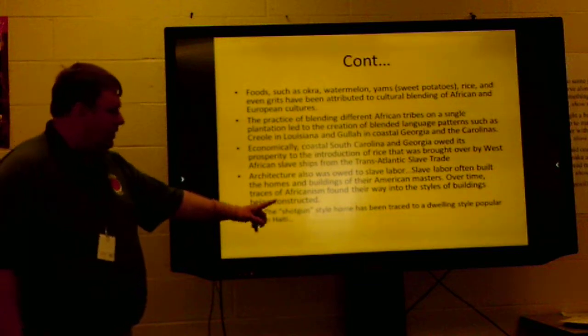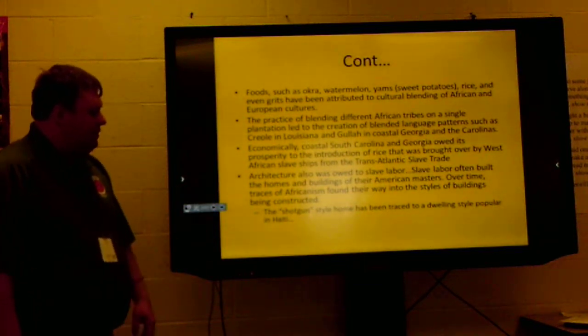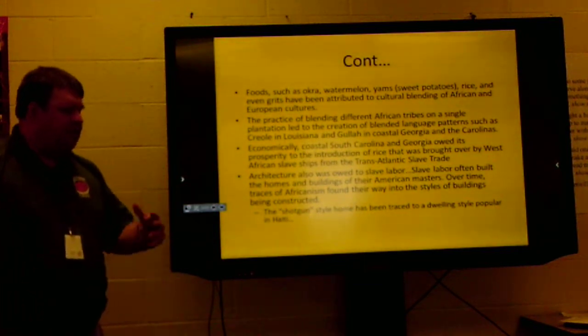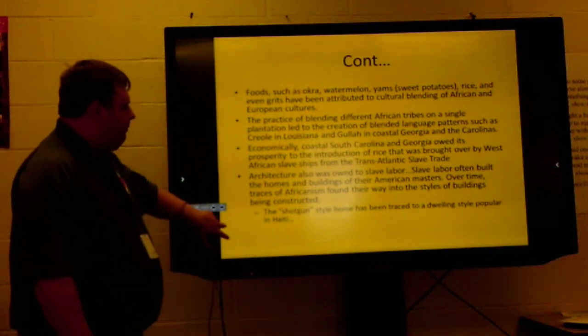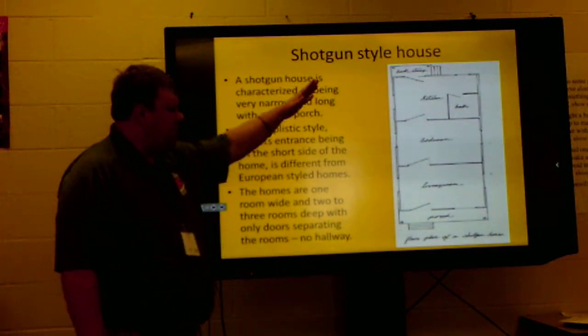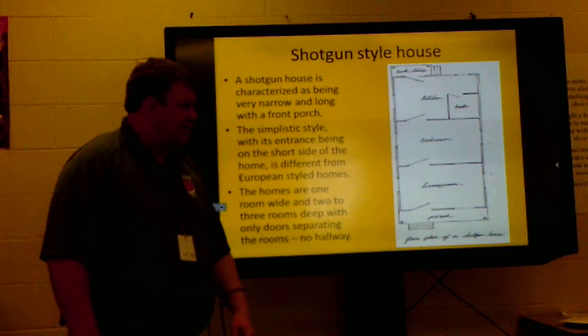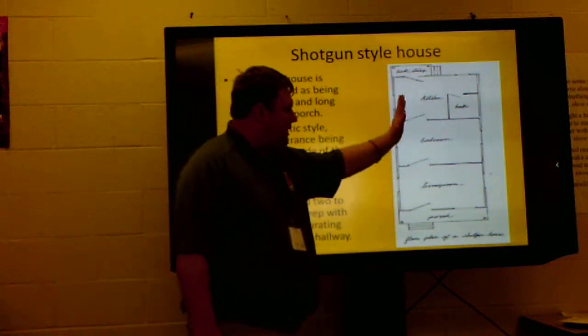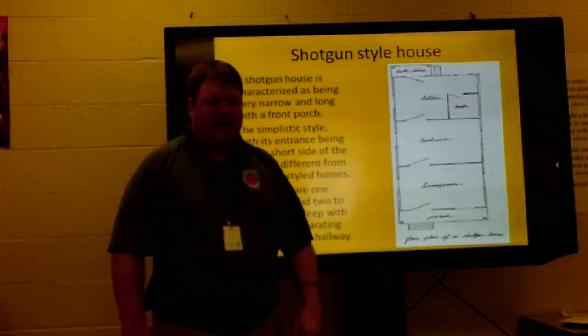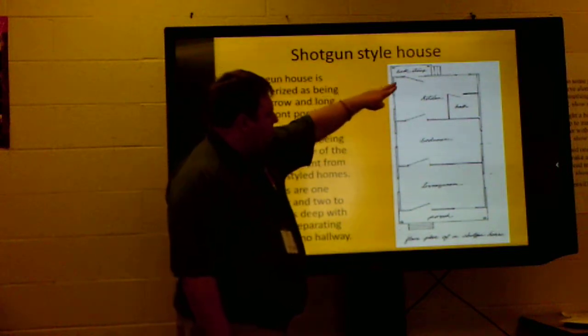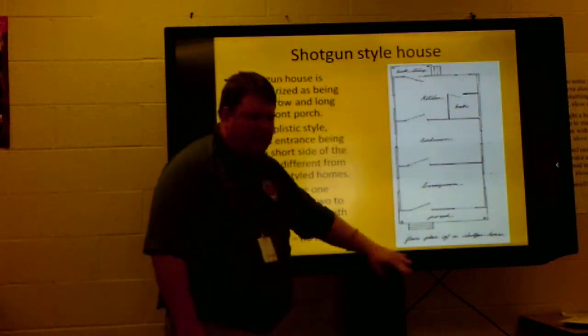For example, the shotgun-style home has been traced to the dwelling style that's popular in Haiti. If you look at this picture here, I don't know how well you can see it, but the building itself is shaped like a shotgun in that all the doors are on the left side of the building.